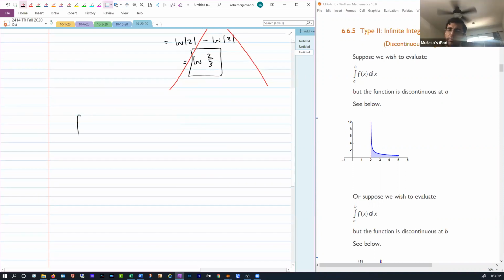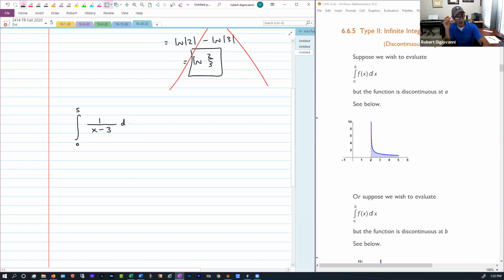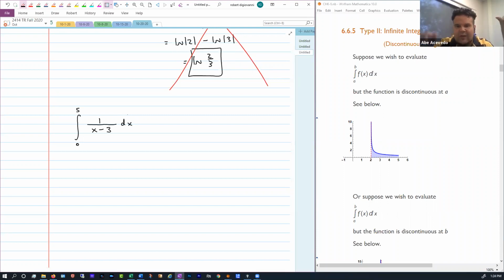But isn't the 1 part of the interval too? No, the problem's 3. So I guess we're going to have to treat the number 3 as our limit, attack it from one side and the other? Both sides. Yeah, both sides. So here's what I would do.